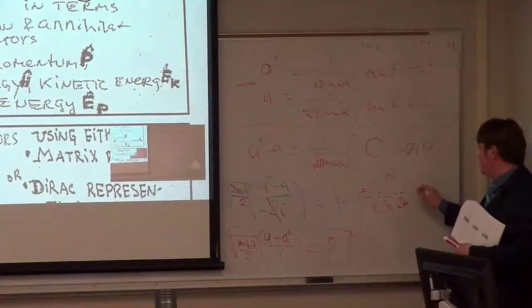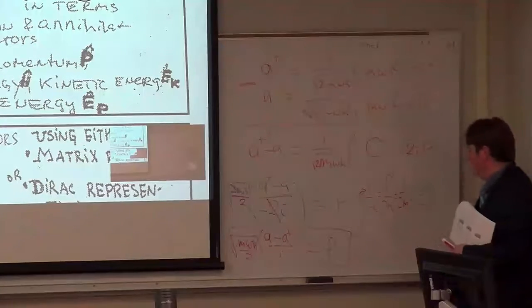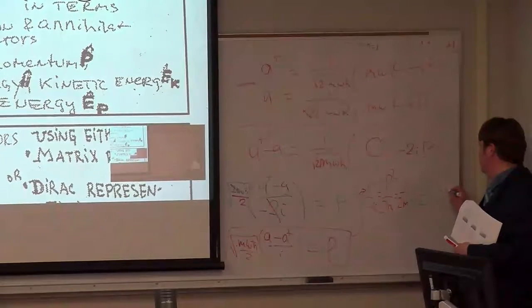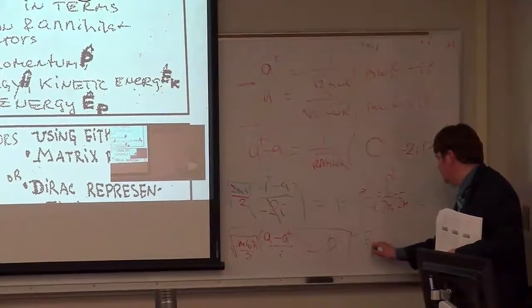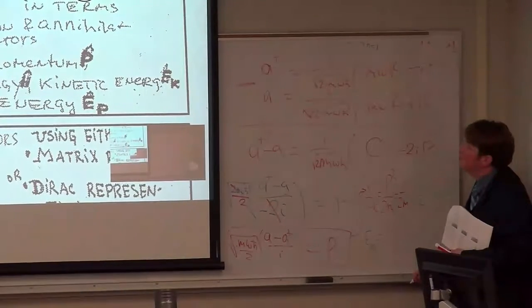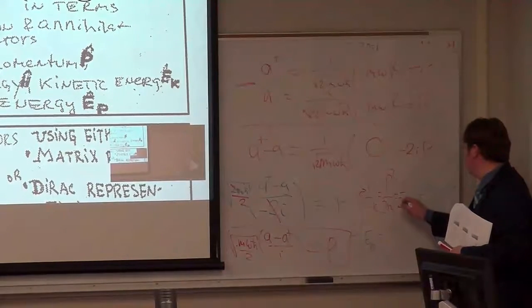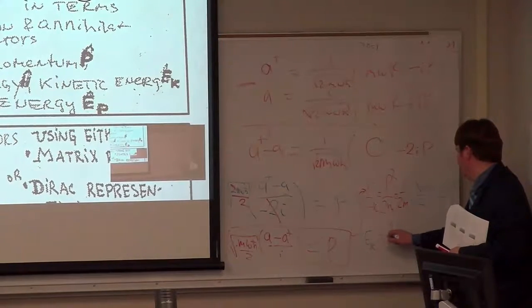So m omega h bar divided by 2. So we remove square root because we are taking square. And then we have here a minus a dagger divided by I squared. Kinetic energy. Mass cancels. So 1 over 4 omega h bar omega.